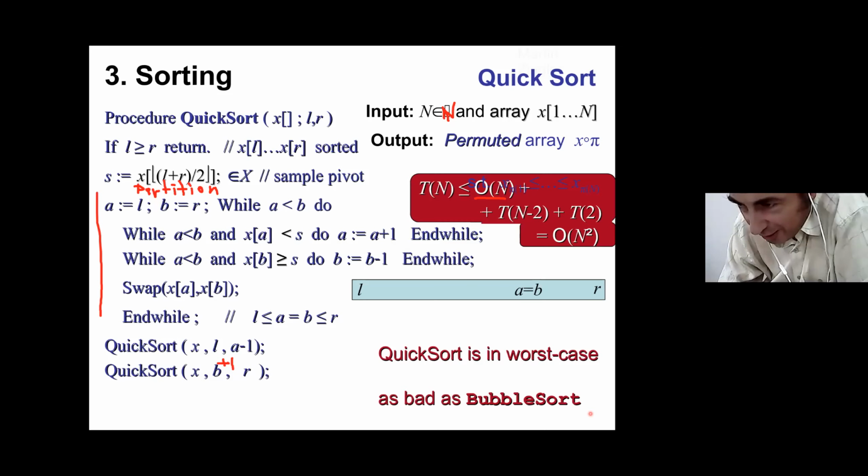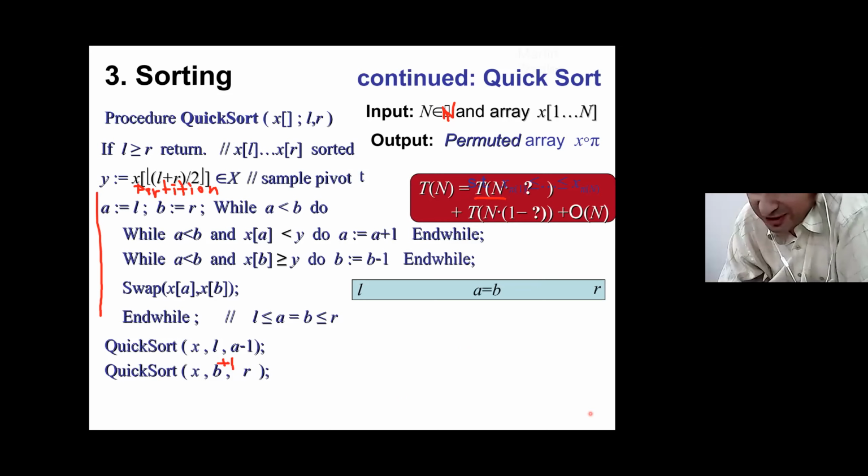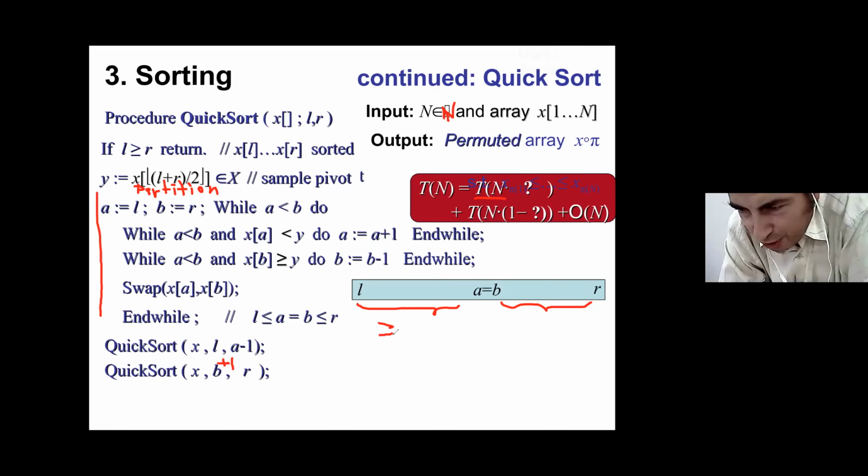To fix this problem, we were discussing an attempt at an improved version of the quicksort, in which we said, let us try to find a pivot element so that this piece and this piece are both at least epsilon times n, for some epsilon which is between 0 and 1.